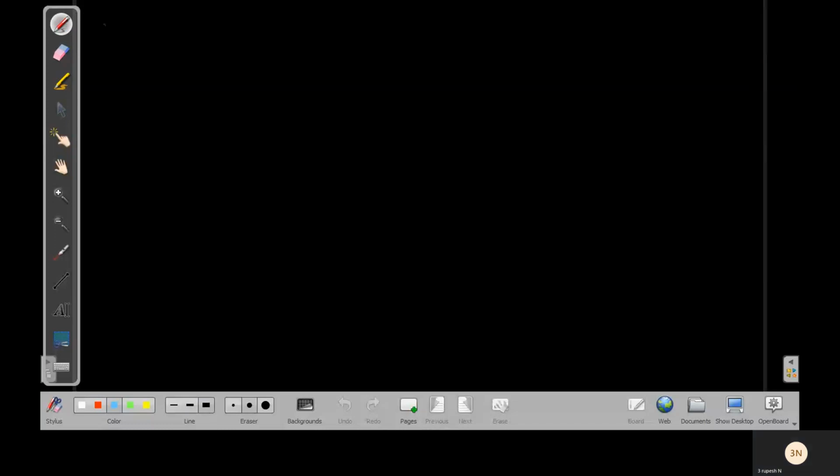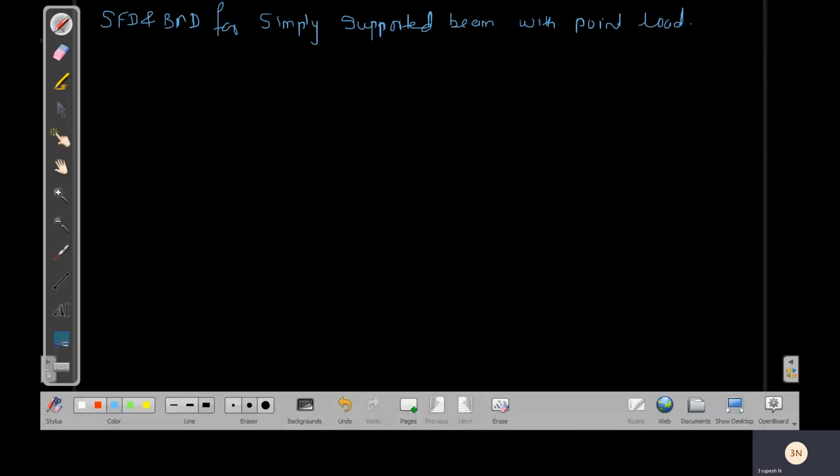I will write here: SFD and BMD for simply supported beam with point load. Okay, so we will deal with these numericals.